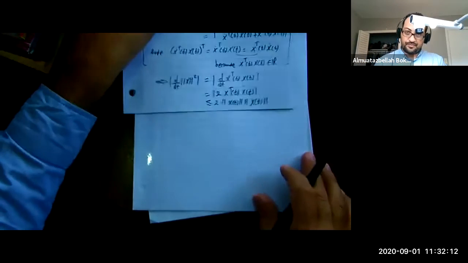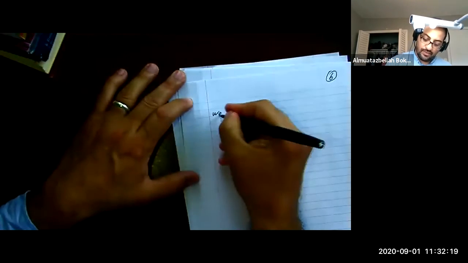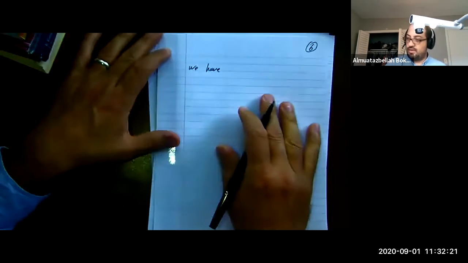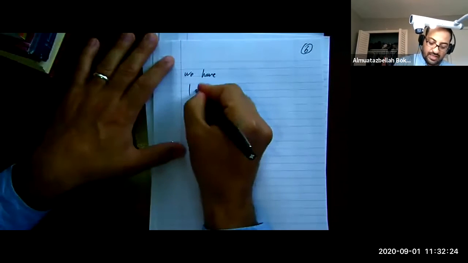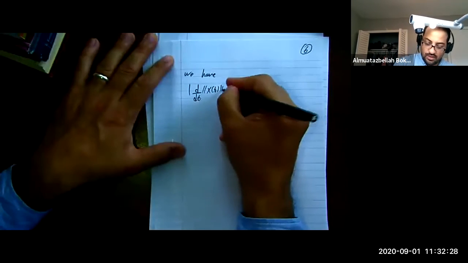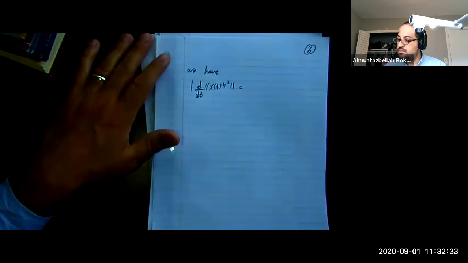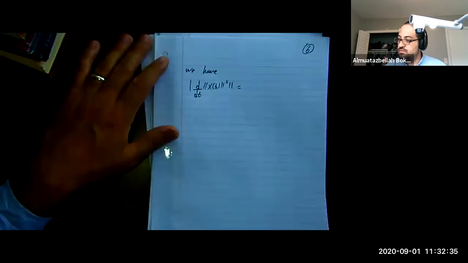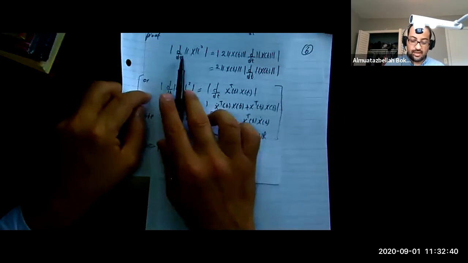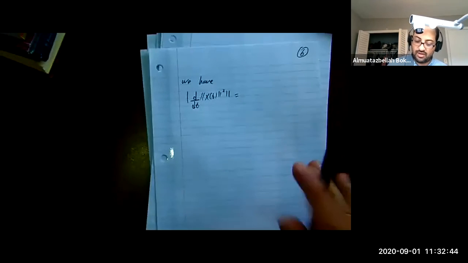Okay, so we have d over dt of the norm of x of t squared is equal to, from before, 2 norm of x times the magnitude of the derivative. So let's write that.